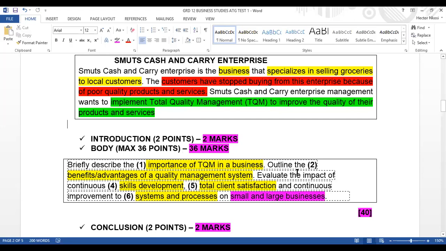Topic number 3 has 3 subtopics. The first of these 3 subtopics is the impact of continuous skills and development, in your total client satisfaction or your customer satisfaction, your systems and processes.